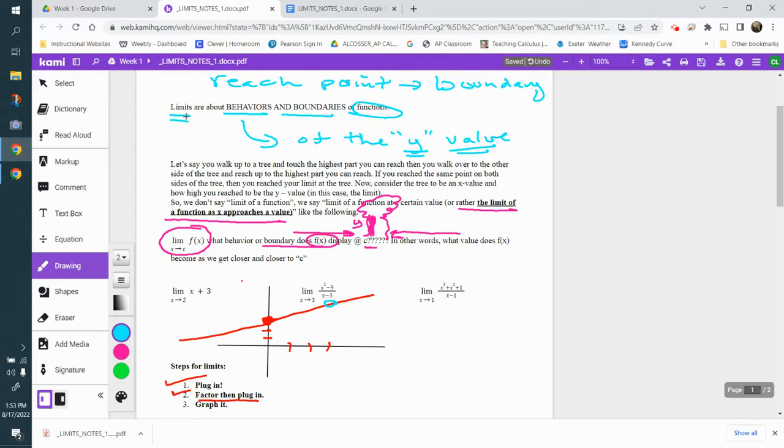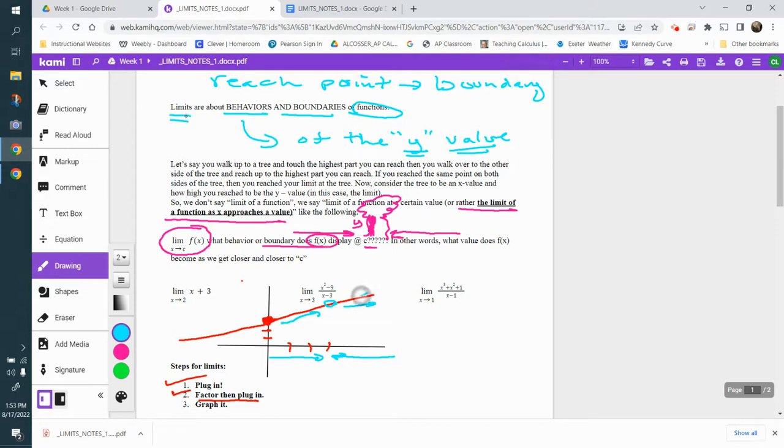So now all of a sudden, I have a graph that's going along just fine, and then there's a missing spot for where this doesn't work, and then it just keeps going. So as I approach from the left and the right to 3, what does the y value become on each side?